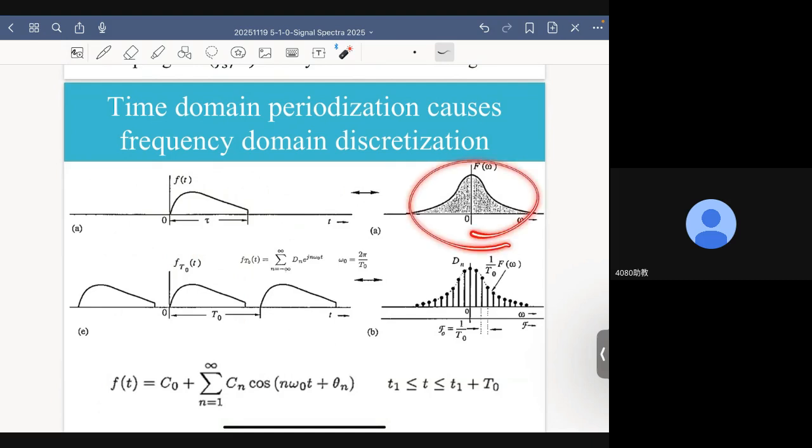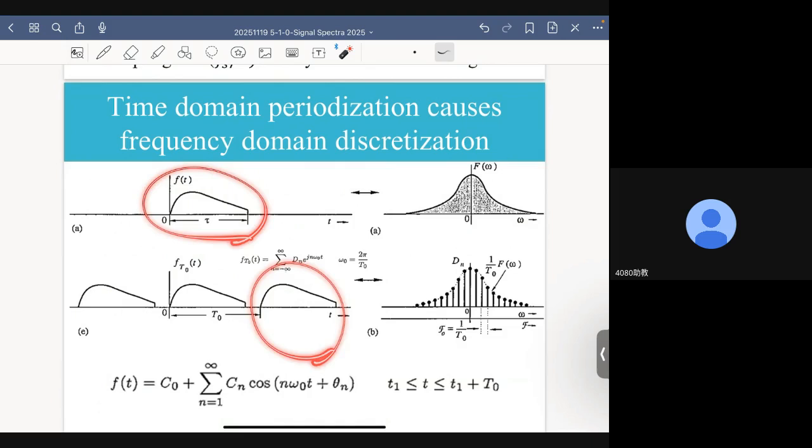So let's assume a spectrum looks like this, which apparently should be a continuous function in the frequency domain. Let's try to periodize it. Let me introduce additional parts, which are replicates of the original signal, but separated from the original signal by an amount of T0.